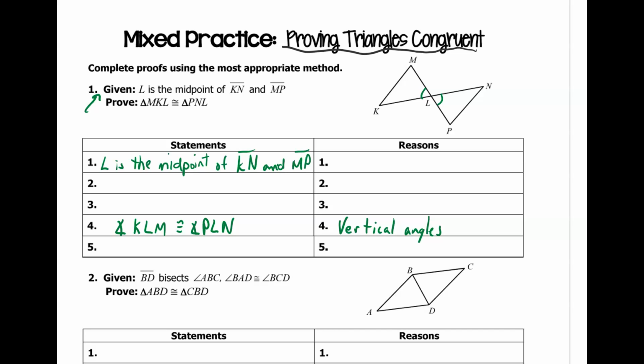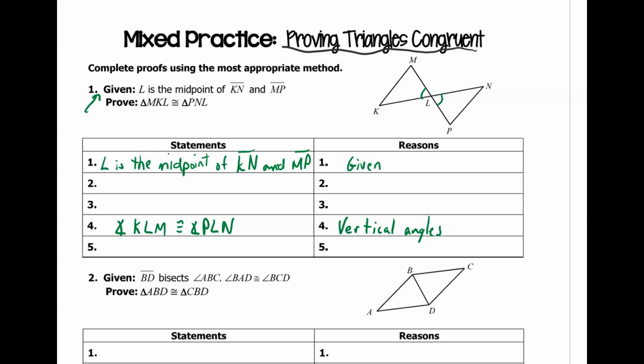Honestly, the most annoying part of proofs is that you see something and you have to copy the same exact thing. Most people don't like it, but it still has to be there. It's got to be a complete explanation in the two columns. Why am I able to say this? Because it's given. That's my reason.